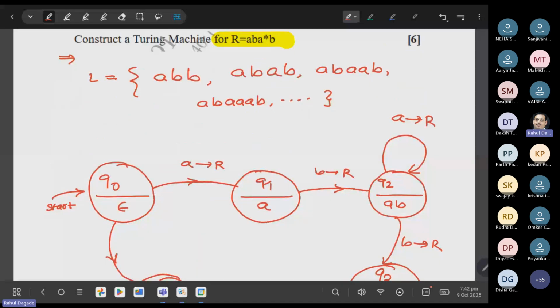So if I get a blank, then no movement, and if I get B, also no movement, because वो रिजेक्ट है, क्योंकि वो स्ट्रिंग B से स्टार्ट हो रही है.